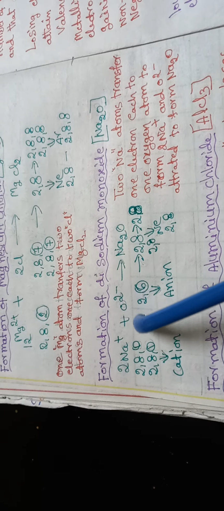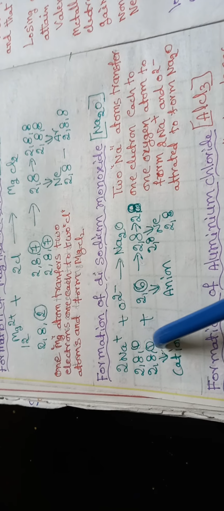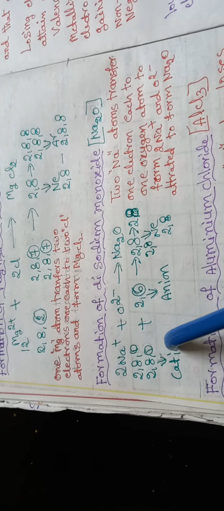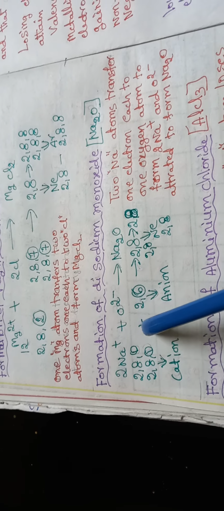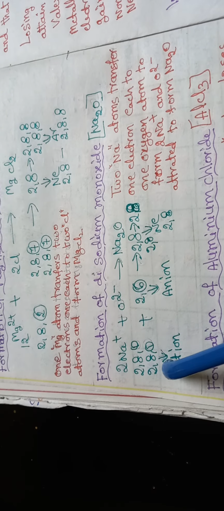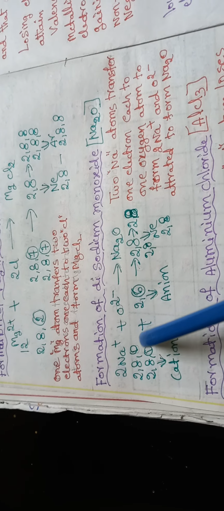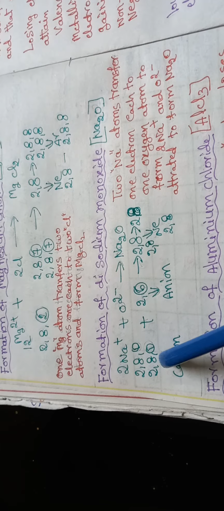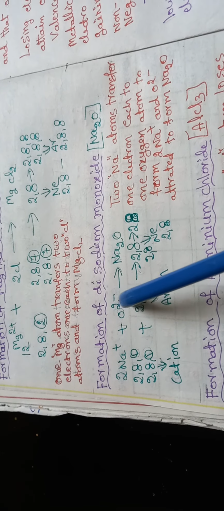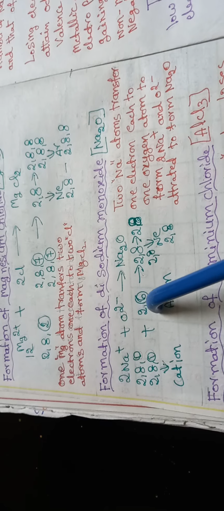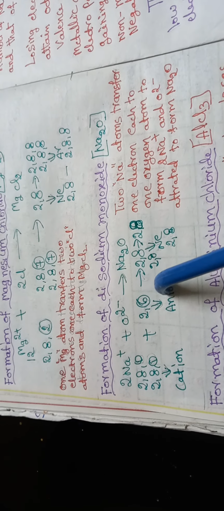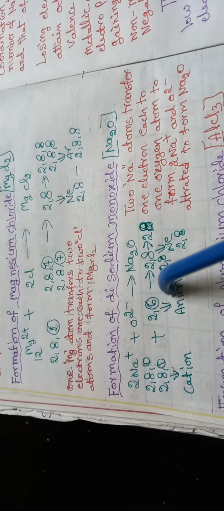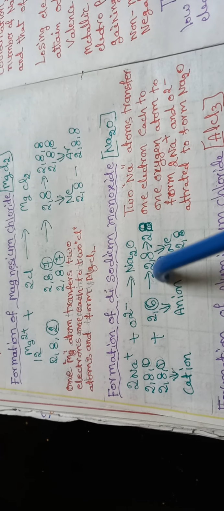Two sodium atoms give 1 electron each, so 2 electrons are donated here. The first sodium contains 1 extra electron and the second sodium contains 1 extra electron. So both sodium atoms donate 2 electrons to oxygen. Oxygen electron configuration 2,6. So oxygen wants 2 electrons for getting the octet position.